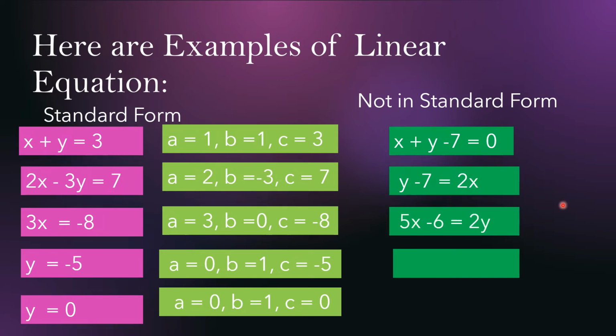And then 5x minus 6 is equal to 2y. And then y is equal to 5x minus 9. If it's not in standard form, you need to rewrite it in standard form, and that would be in the next lesson. Again, the standard form is ax plus by is equal to c. Please don't forget that.